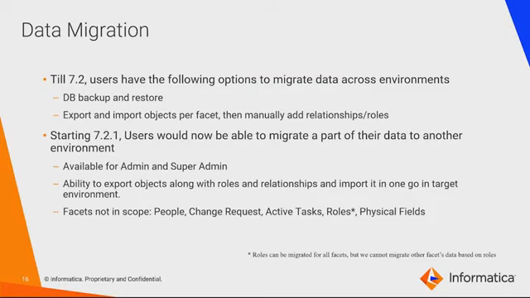And this does not include the people or the change requests or the active tasks or even the physical field Axon EDC integration. These are the facets which are not in the scope. But from the roles perspective, you can get the stakeholder roles, but you cannot start with the roles itself. Let's look at how this migration works.